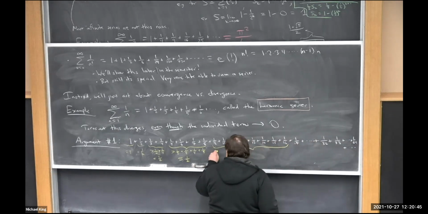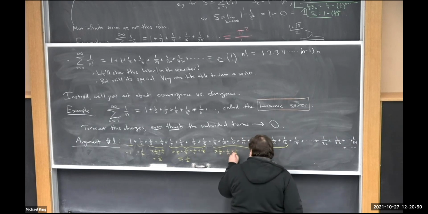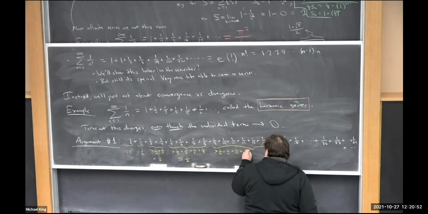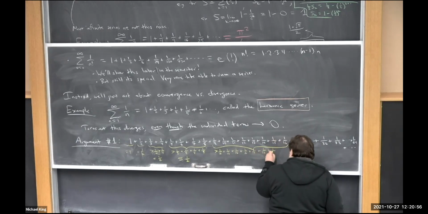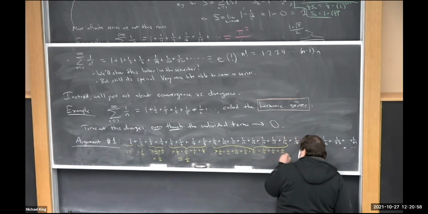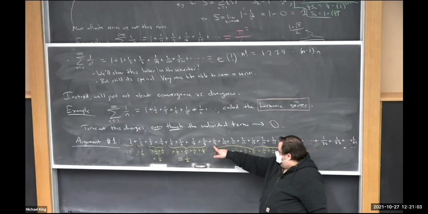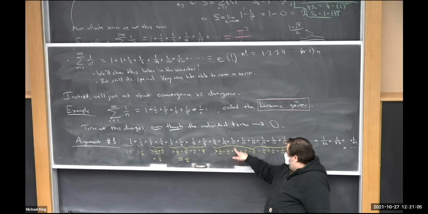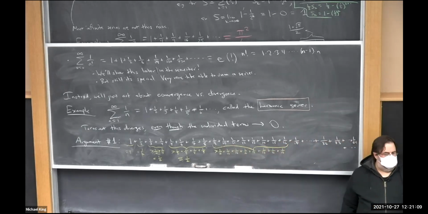So this is greater than a 16th plus a 16th plus a 16th and so on. I'm trying to write the same number of 16ths as there are terms here. I'm comparing this one to 1/9, this one to 1/10, this one to 1/11. Yeah, which is a half.